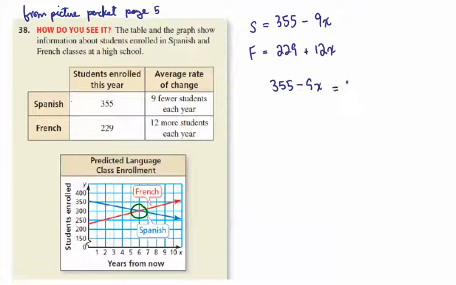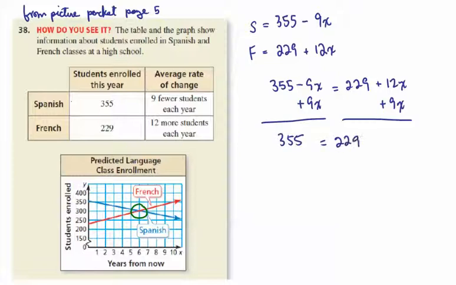And so we have 355 minus 9x is equal to 229 plus 12x. We're going to get all of our variables on one side. It'd be easier to add the 9x to both sides to keep that positive. We have 355 is equal to 229 plus 21x.